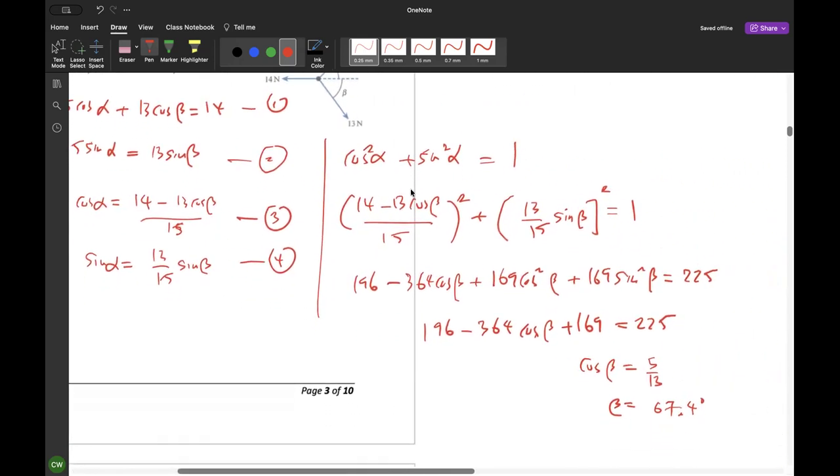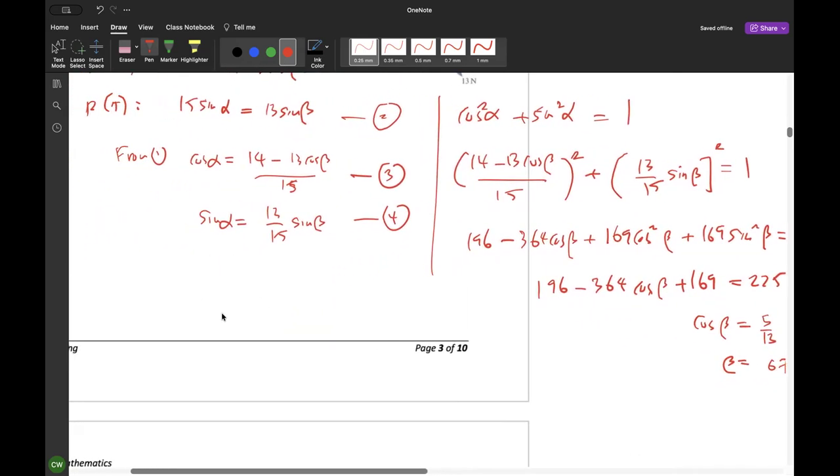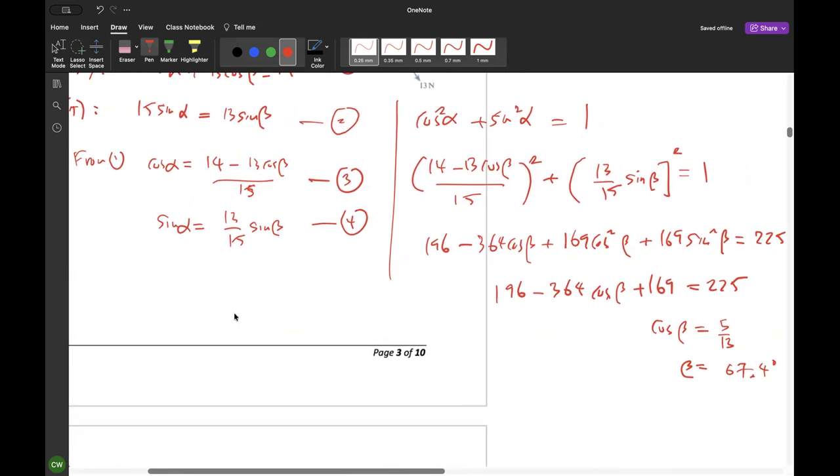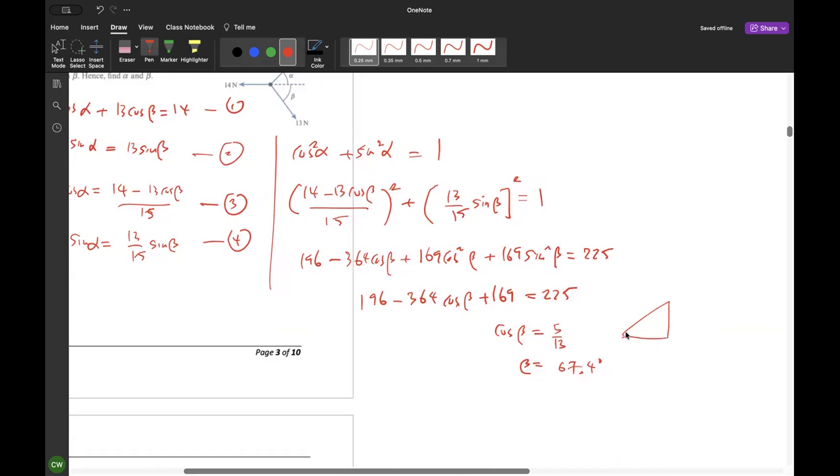Okay. Find α and β. For α, come back to here. See, cos β is 5 over 13, so the other side is 12. So from here we can see sin β is 12 over 13.